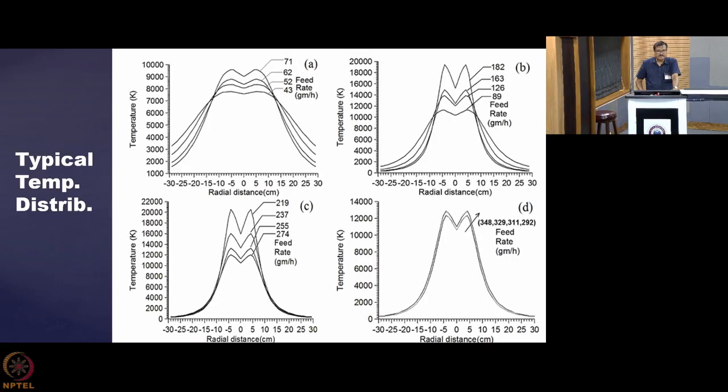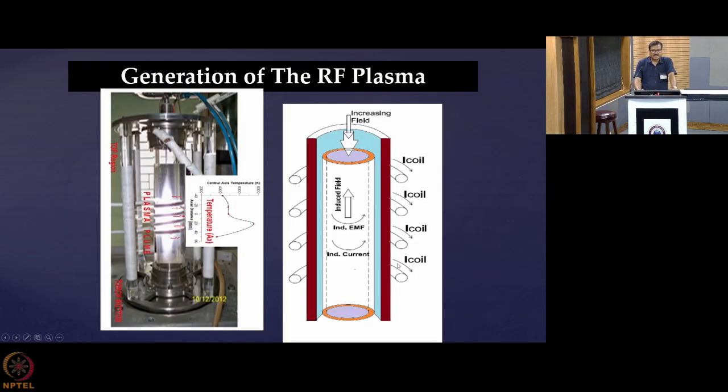Now an interesting fact was that the temperature field within this plasma device usually shows a central dip. Why is it so? Because the electromagnetic field enters from outside to inside, and it gets attenuated by the conducting plasma as it moves inward. Because of the attenuation, it cannot hit with the same strength as it hits the peripheral region.